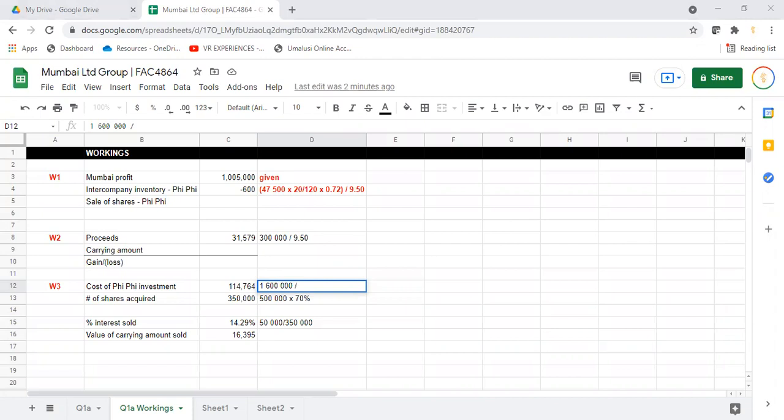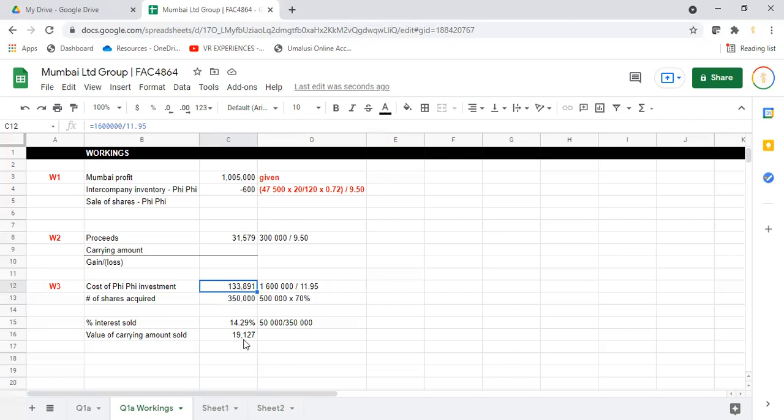The exchange rate at 1 September was 11 Rand 95. So the cost of the investment in Rand value is 1.6 million divided by 11.95, which is 133,895.